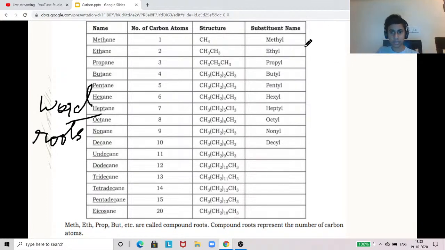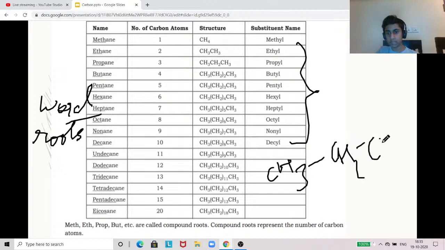And these are always substituents. They can be like CH3, CH2, and CH3. In common names, we name them using these. This is called propane.